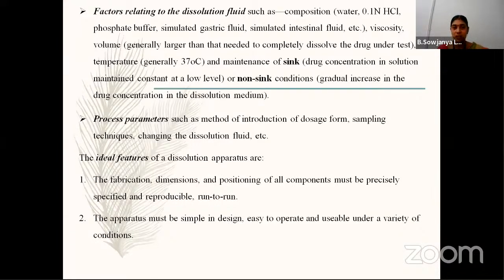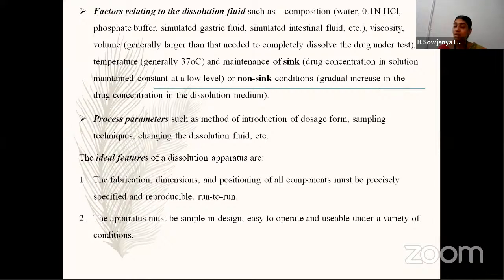These are some of the factors related to the dissolution test conditions. And also process parameters like introduction of the dosage sample into the dissolution apparatus, withdrawing of the sample, the sampling techniques, and changing the dissolution fluid. All these are in the category of process parameters.